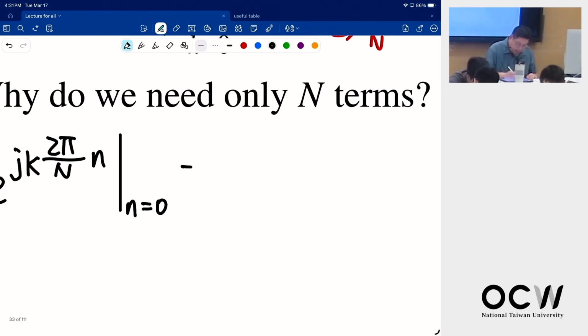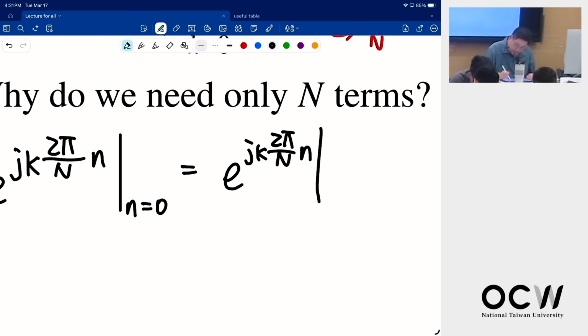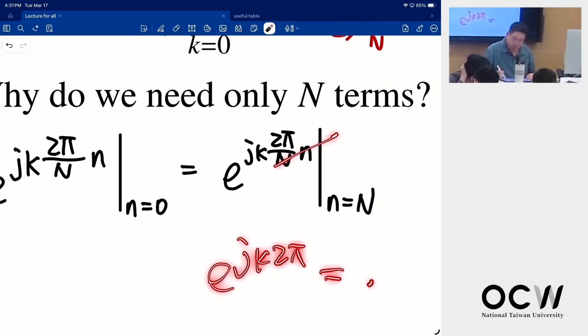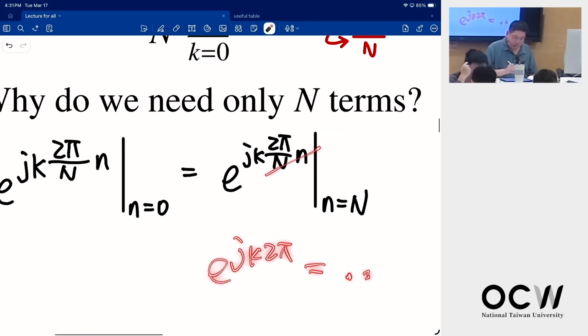But when n equals capital N, j k 2 pi over N, when this lowercase n is equal to capital N, they cancel out. e to the j k 2 pi is what? Cosine 2 pi plus j sine 2 pi. Cosine 2 pi is 1. So that's why they are equal.